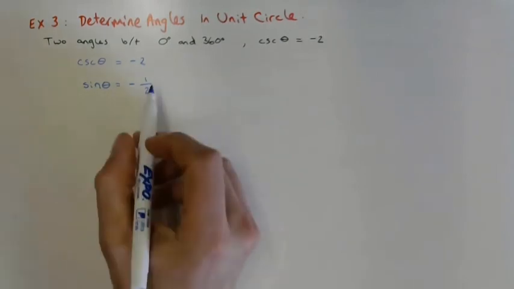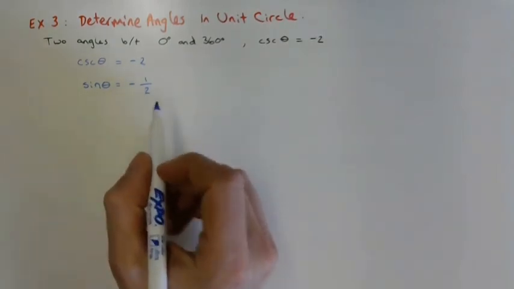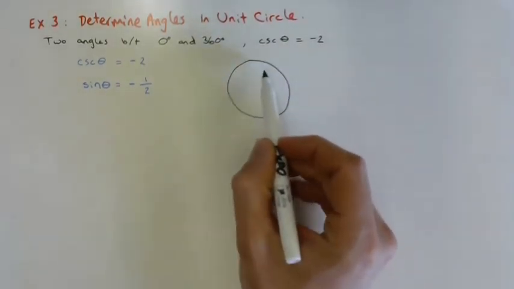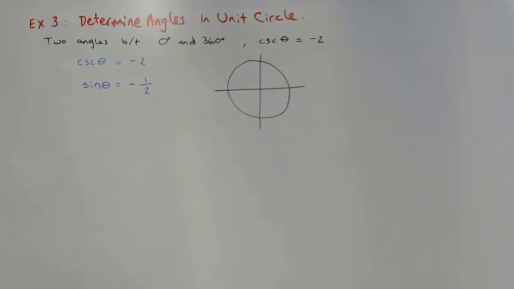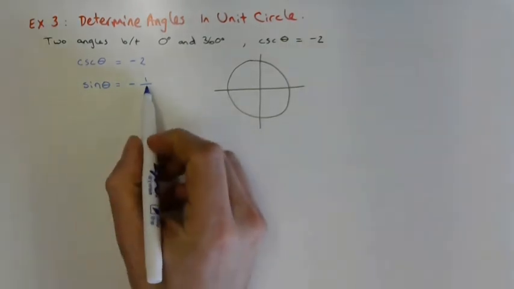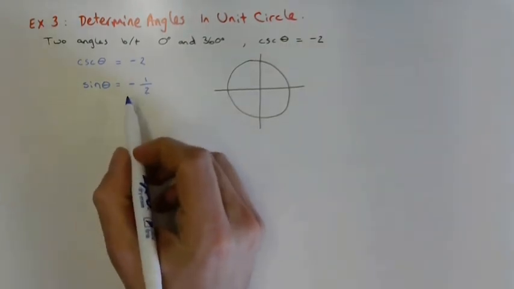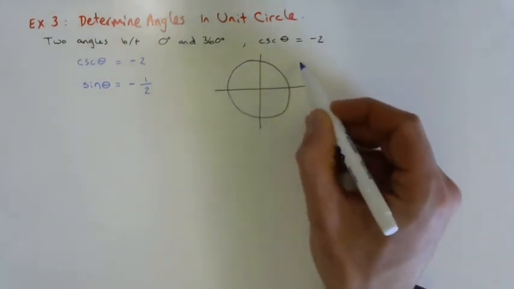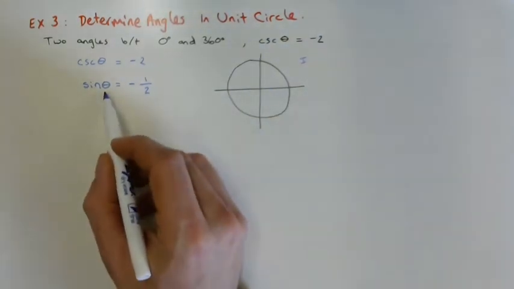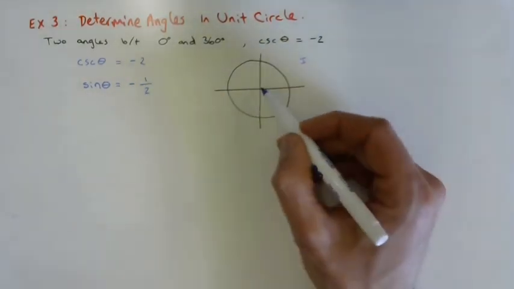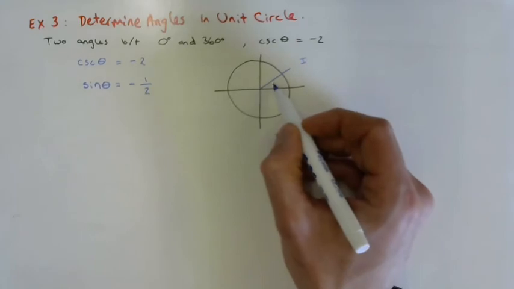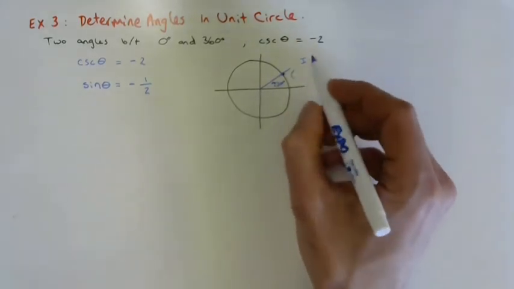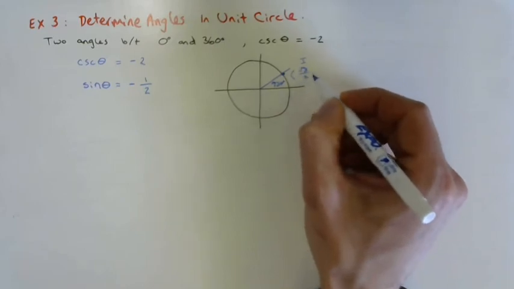Now, I'm going to think about this without a calculator for a second. I'm here in my unit circle, and I have a sine ratio of -1/2. If I think about the reference angle in the first quadrant that has a sine value of 1/2, it's 30 degrees. This point has coordinates radical 3/2, 1/2.